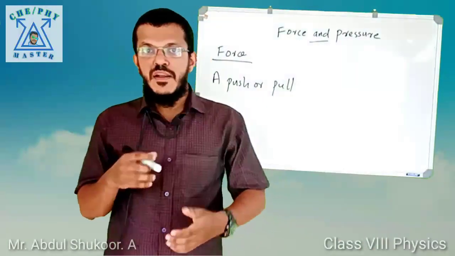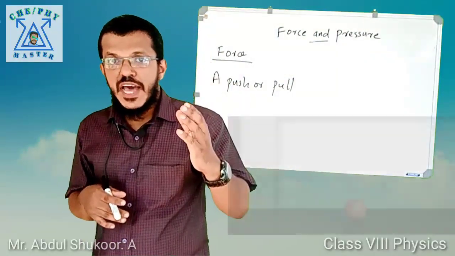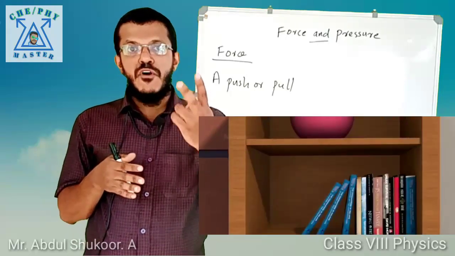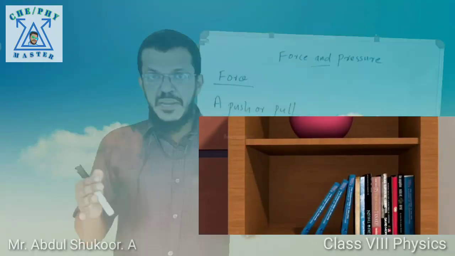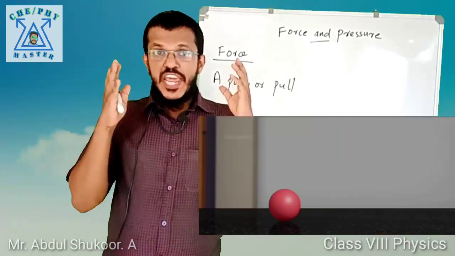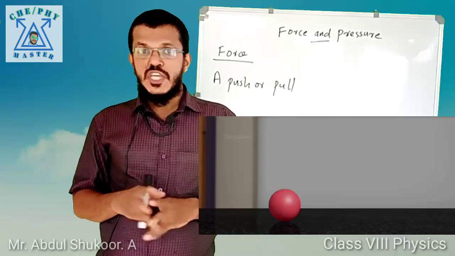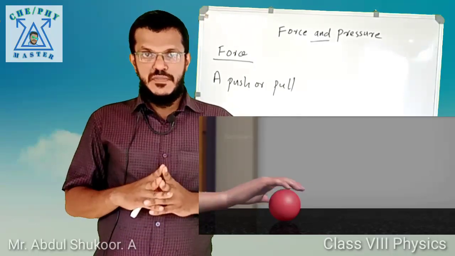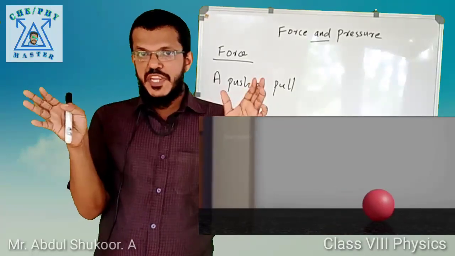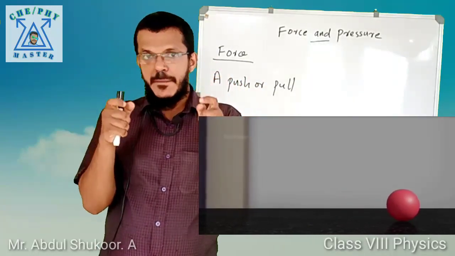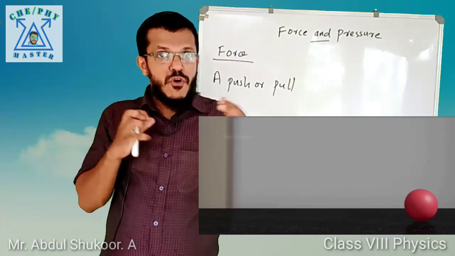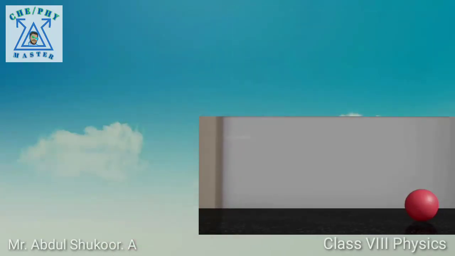From this example, we can infer that at least two objects must interact for a force to be experienced. That means without any interaction between two objects, we cannot experience a force between them. That is the condition for experiencing a force between two objects.